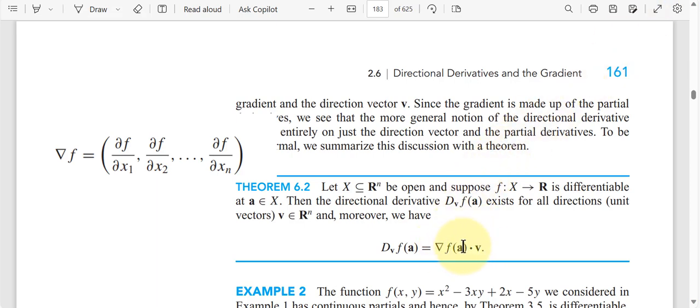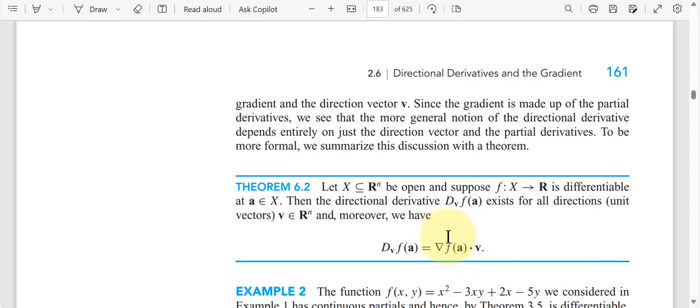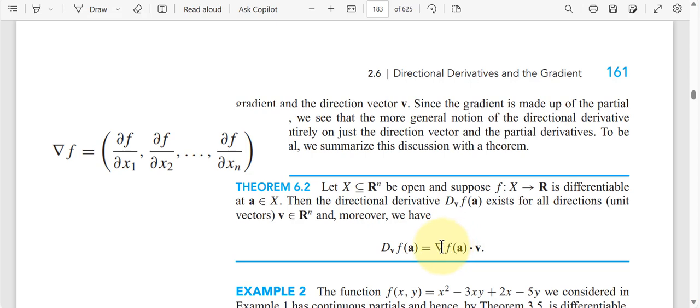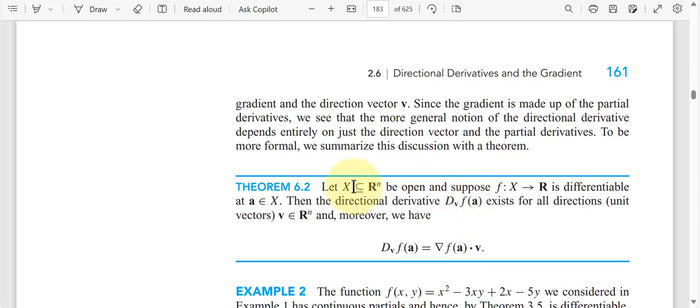Now, first of all, let's just say, does this make any sense? Can we do a dot product of this with this? Well, we'd better have a vector on this side, and we'd better have a vector on this side. Obviously, we have a vector v, but is this a vector? Yeah, we said that many times already. It's especially an n-dimensional vector.